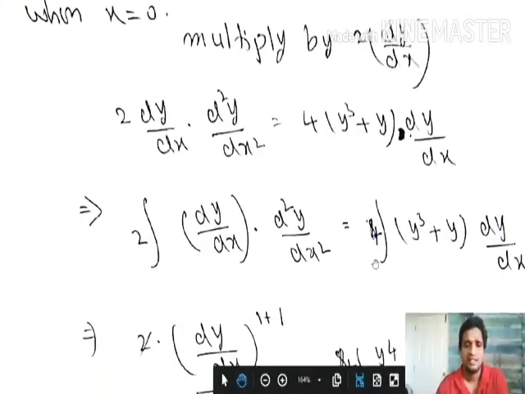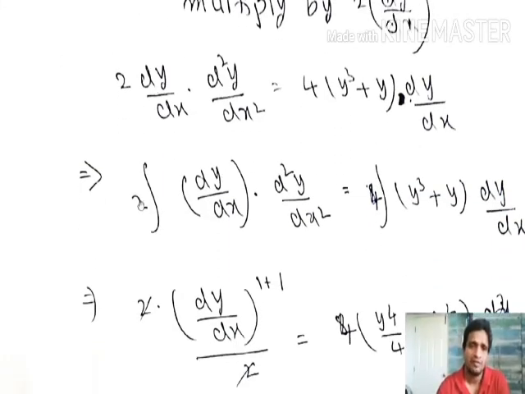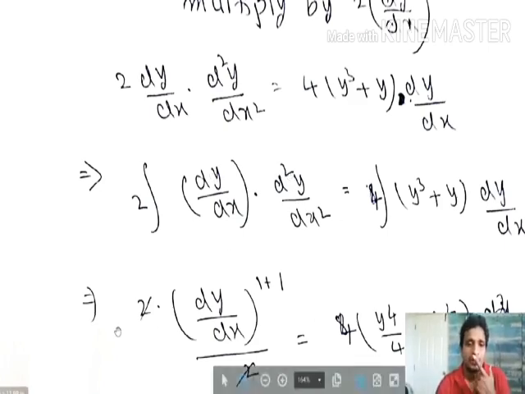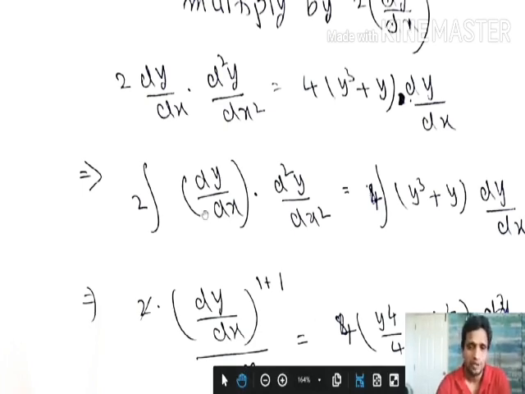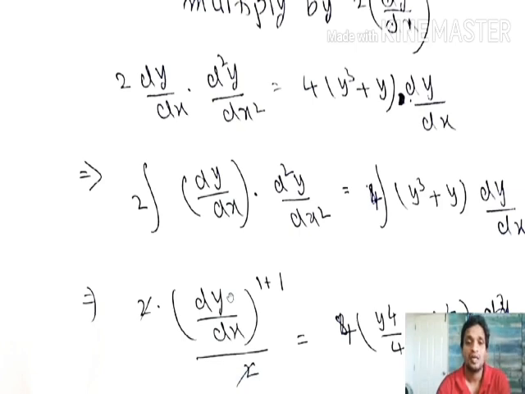See here, the term we are taking 2 outside. Here we are assuming dy by dx is one variable, then the differentiation of dy by dx will be d square y by dx square. Suppose you assume this is t, then this term will be dt. So the integration will be t into dt, that becomes t square by 2.